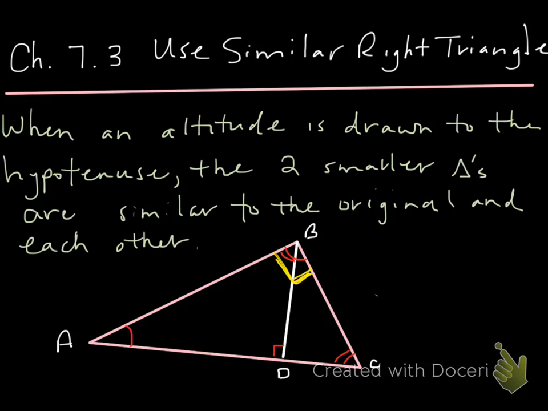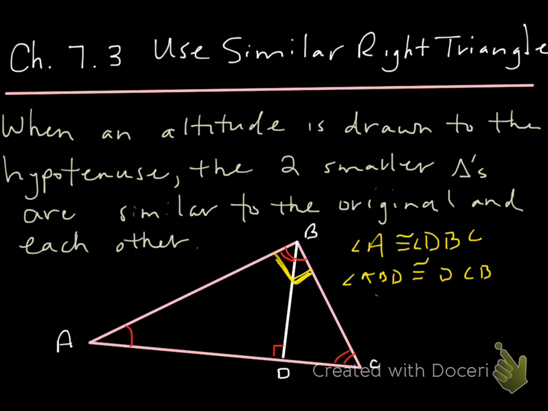And so what happens is that you end up with these angles being congruent to one another because of the complements. So A is now congruent to angle DBC, and angle ABD is congruent to angle DCB.